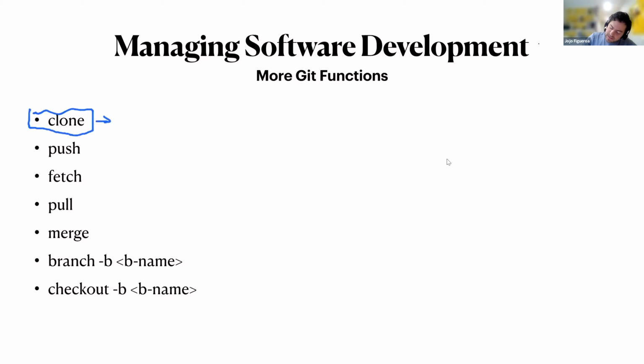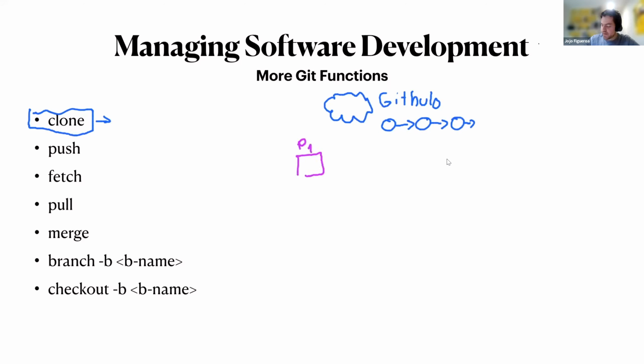What clone means is, if I have an online server like GitHub over here, and in here I have my repository with all the changes that have been made in that project or code. Let's say that there's a person 1 over here and a person 2 over here who wants to have that same code in their laptops to make some development.